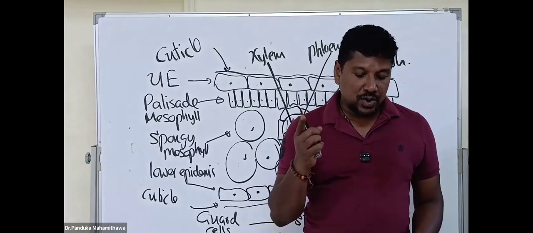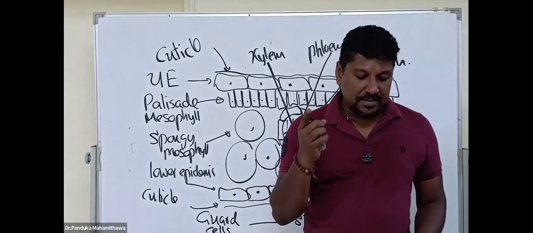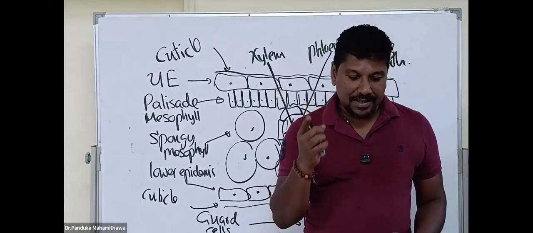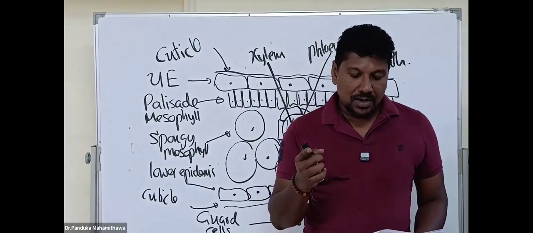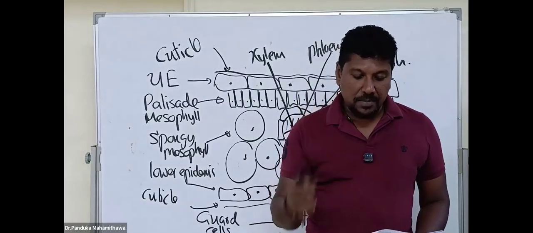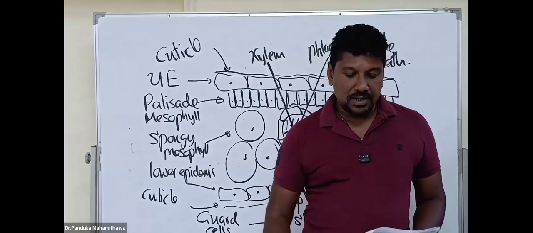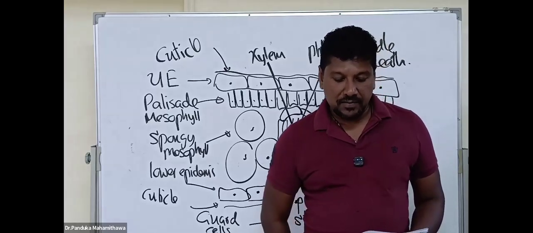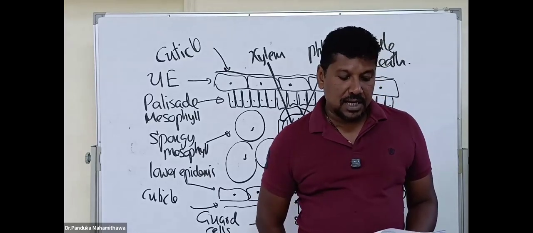The only difference is there is a mild change on your right hand side. The upper arrow should mark the upper epidermis. That arrow has come down. So the first one is showing the upper epidermis. The second arrow is showing the palisade mesophyll. The other arrows are correct.